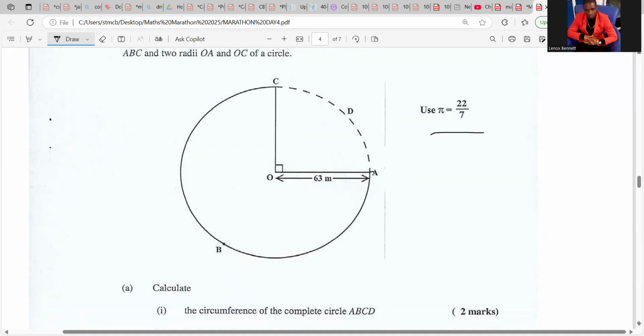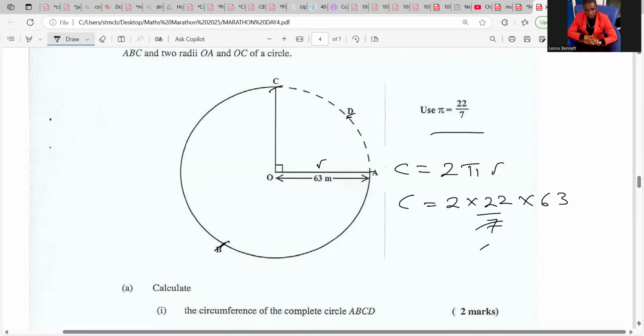ABCD. All right, so that completes the entire circle. So the circumference of any circle is 2 pi r. And we did say take pi to be 22 over 7, so it's 22 over 7 times the radius. Now the radius r is 63 in this case.